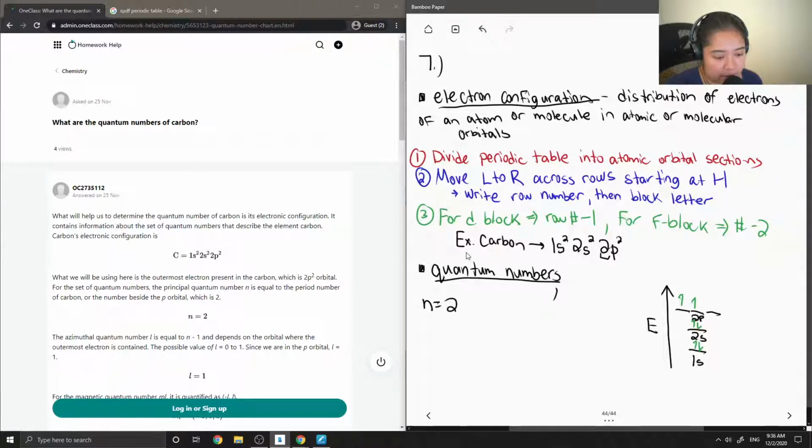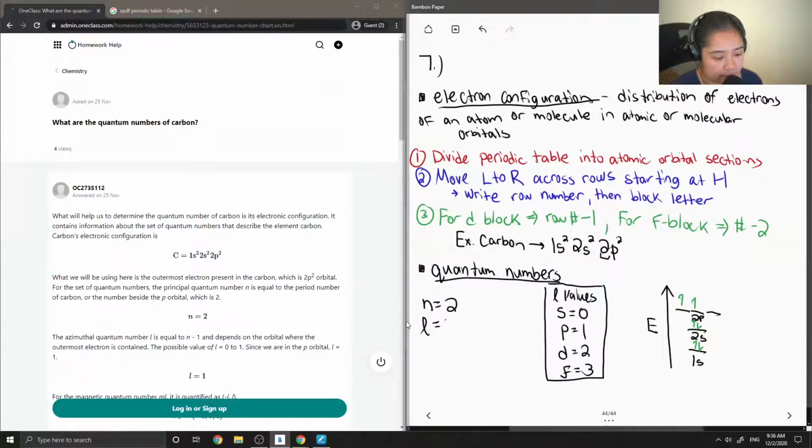When we want to find our L numbers, this is based on the block letter. S has an L value of 0, P has an L value of 1, D is 2, and F is 3. So for carbon, its L value is equal to 1.